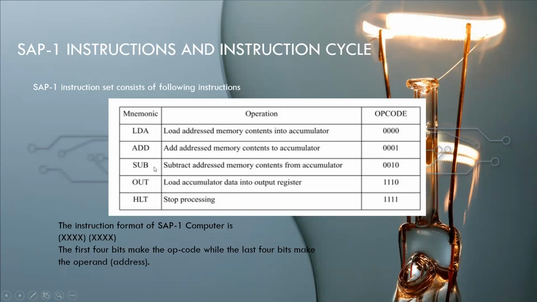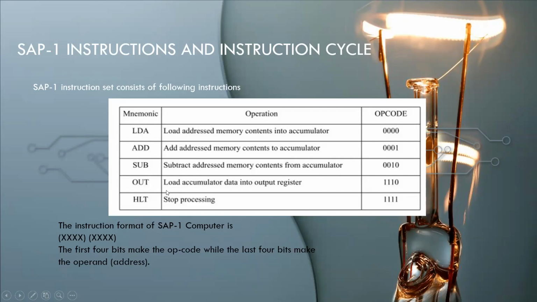SUB, in operation, subtracts address memory contents from the accumulator. In OP code, it is 0010. OUT loads accumulator data into the output register. In OP code, it is 1110. HLT, in operation, stops processing, while in OP code it is 1111.